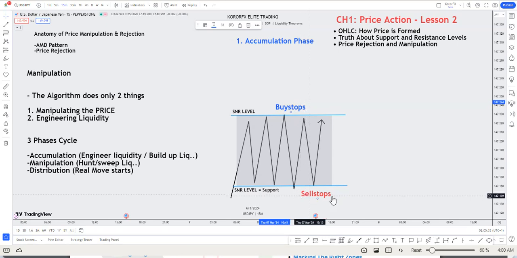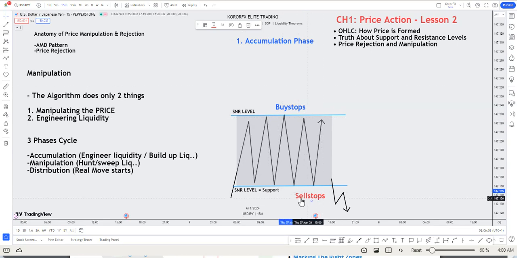The logic is that when price is selling, some traders expect the price to break below here and then sell off. So they put their sell stops here, planning for the price to sell off after the breakout.